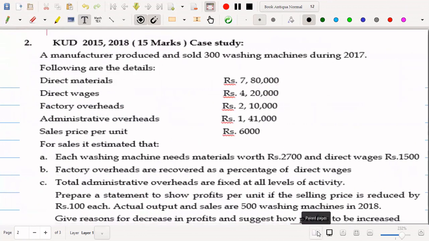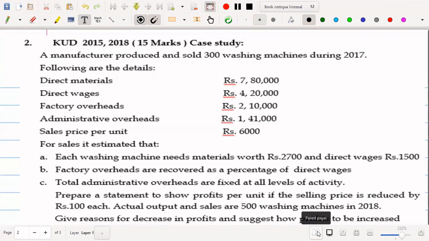This was from Karnataka University 2018 question paper, which was asked for 15 marks as a case study. A manufacturer produced and sold 300 washing machines during 2017. Following are the details. Direct materials rupees 7,80,000, direct wages 4,20,000, factory overhead rupees 2,10,000, administrative overhead rupees 1,41,000, selling price per unit rupees 6,000.